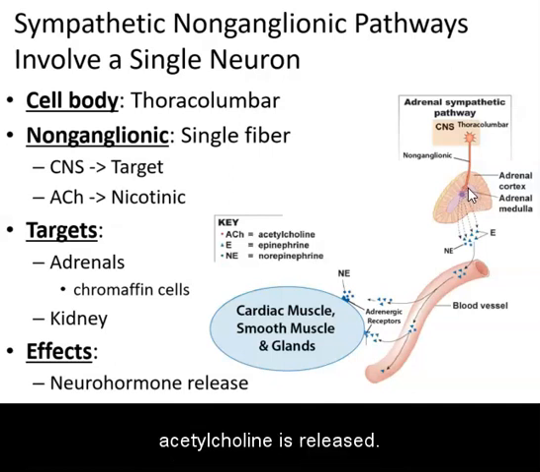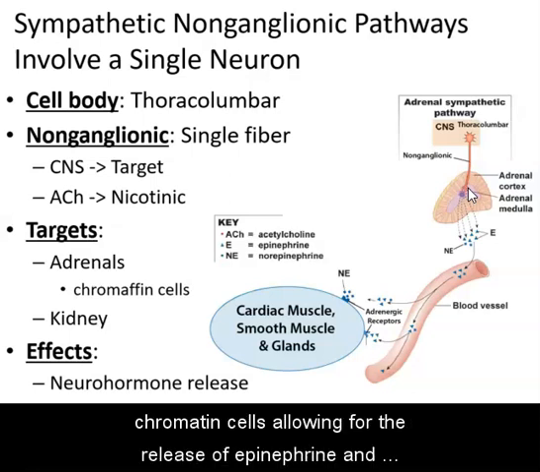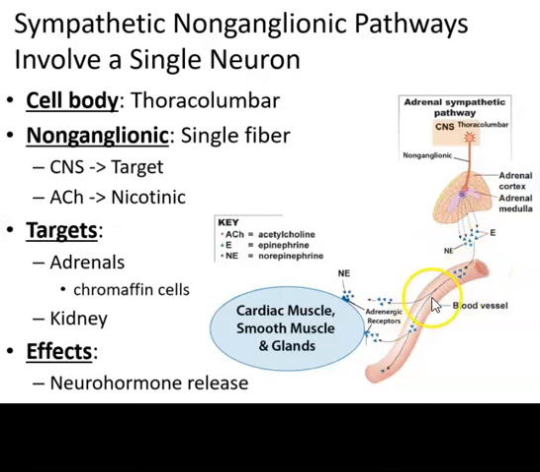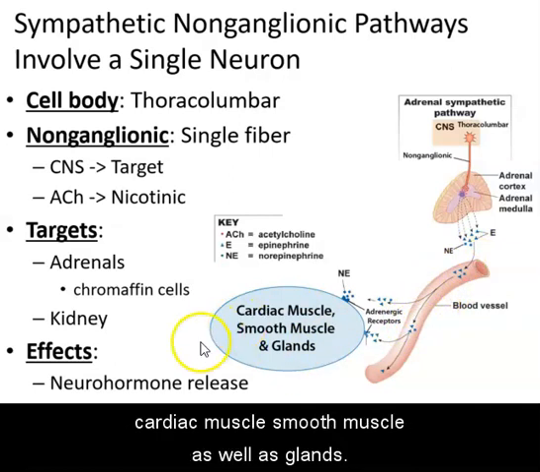So acetylcholine is released from this neuron, which will then bind to nicotinic receptors on the chromaffin cells, allowing for the release of epinephrine and norepinephrine, which will be released into the blood via nearby blood vessels, again having its effects on target cardiac muscle, smooth muscle, as well as glands.